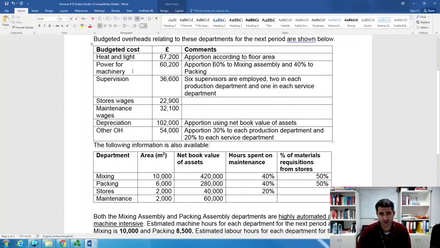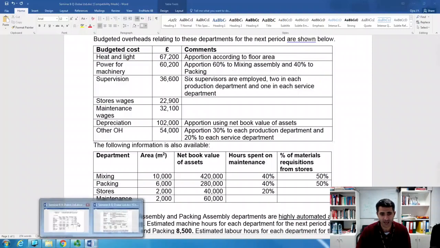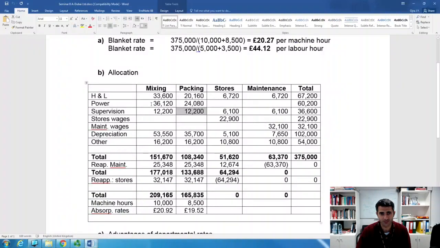It tells us the power is not related to stores and maintenance, so leave them. £60,200 times 60% goes to mixing and times 40% goes to packaging. So we are fine. We don't have anything for stores and we don't have anything for maintenance.